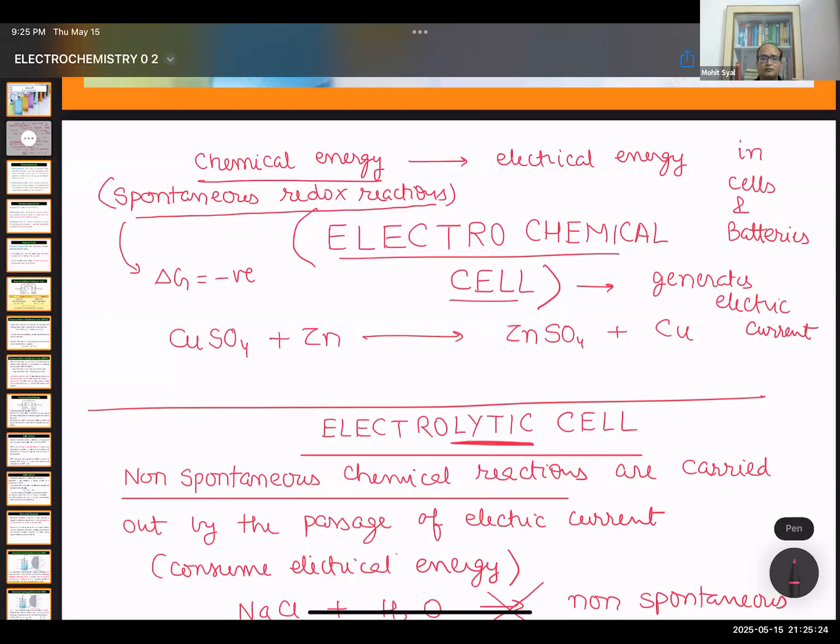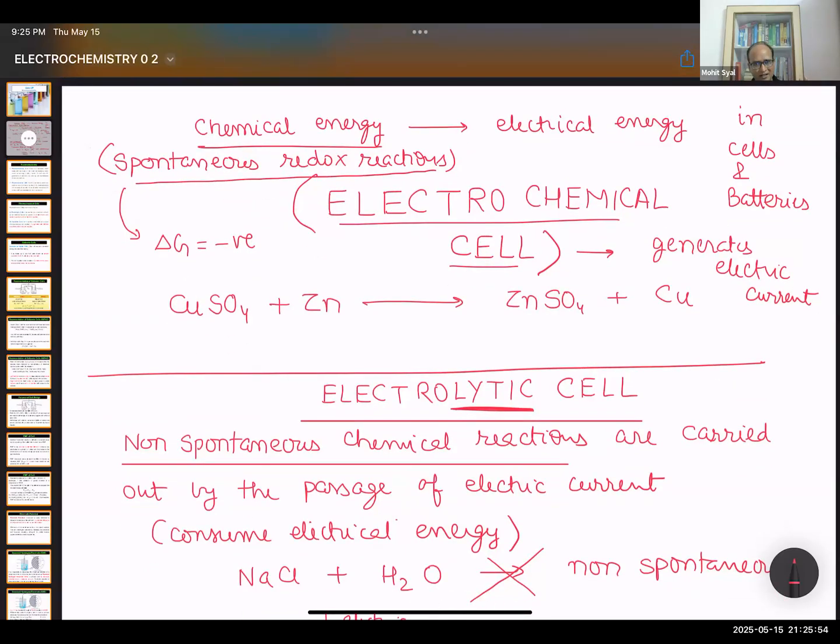Got it? So in the electrochemical cell, spontaneous redox reactions are carried out and the chemical energy is converted to electrical energy. Got it? Is it clear? In the electrolytic cell, the chemicals are already there.